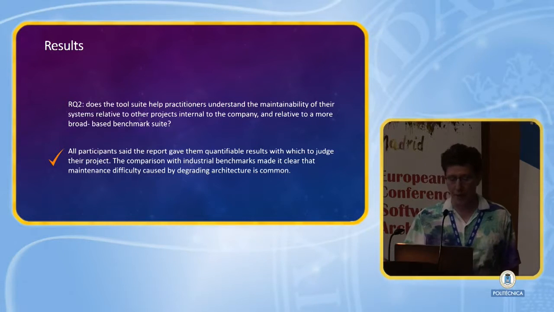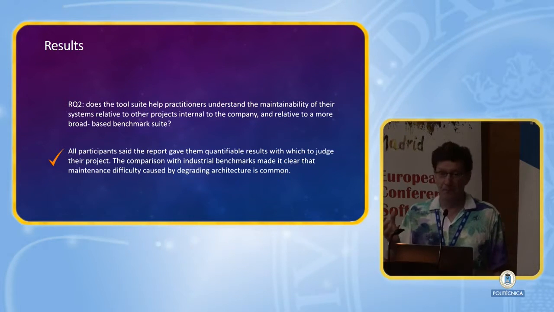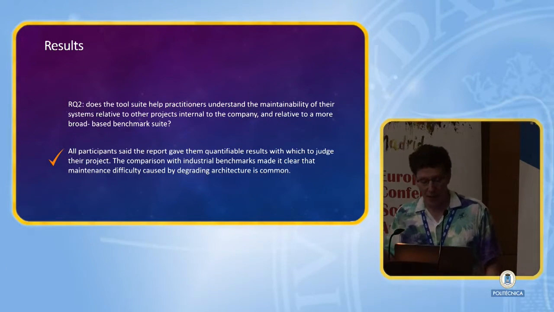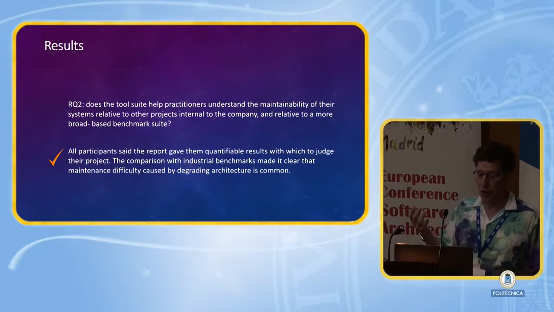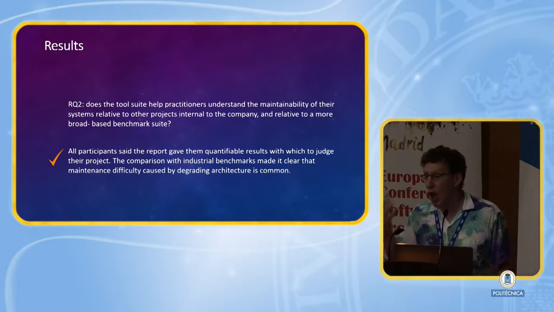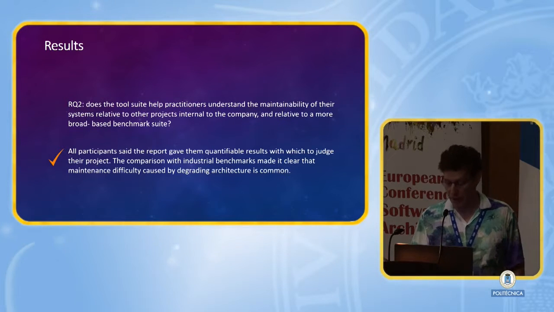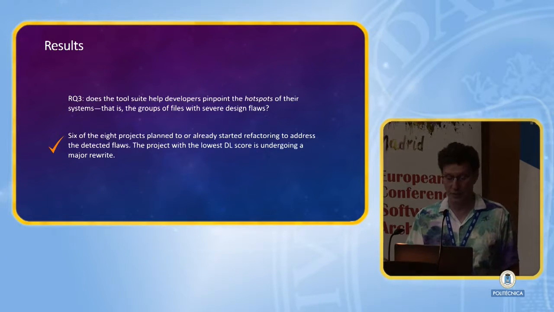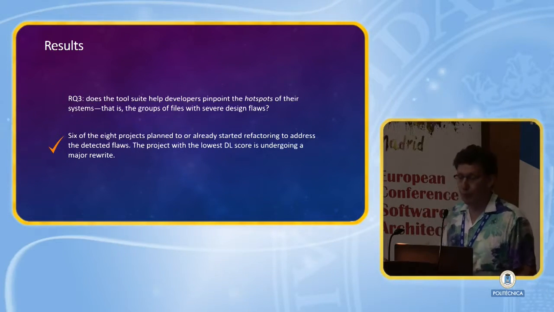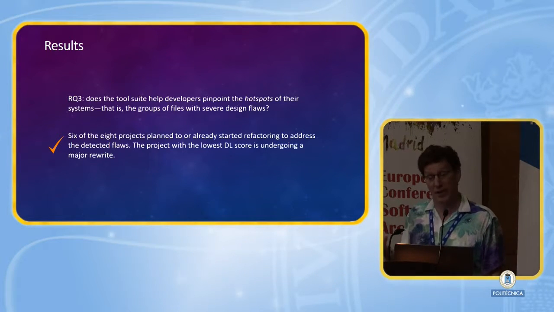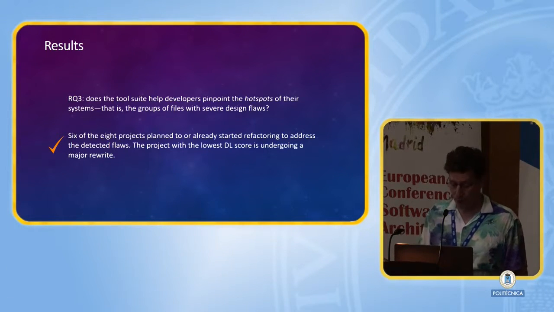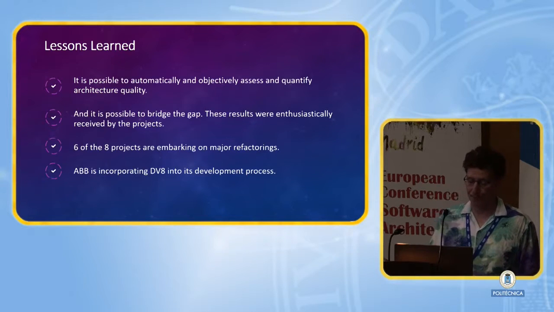These quantifiable results helped them make the case that the flaws, this architecture degradation, were the cause of maintenance difficulty. 6 of the 8 projects did plan or had already started the refactoring process.